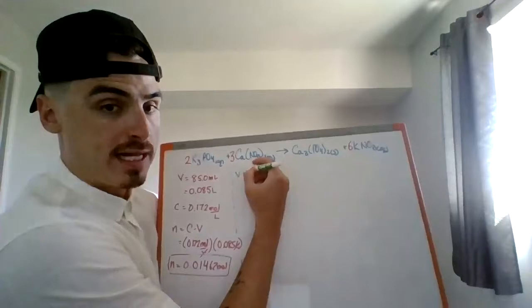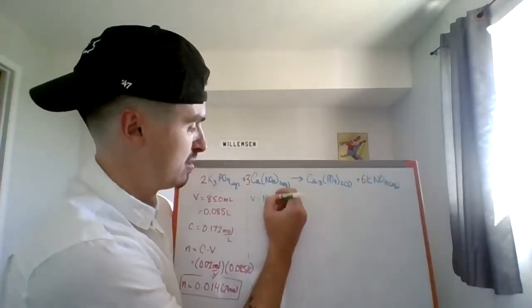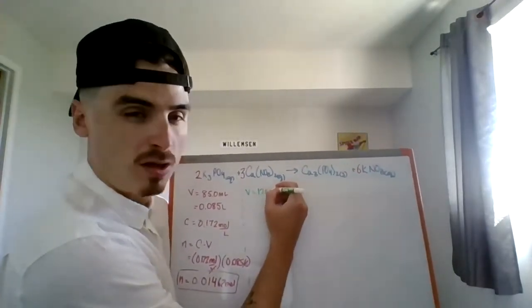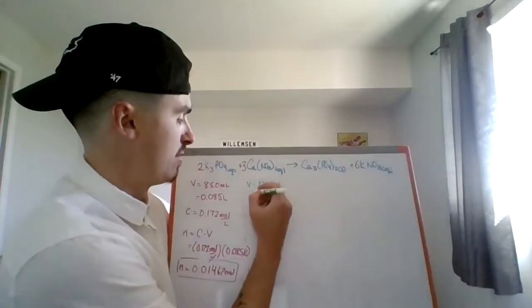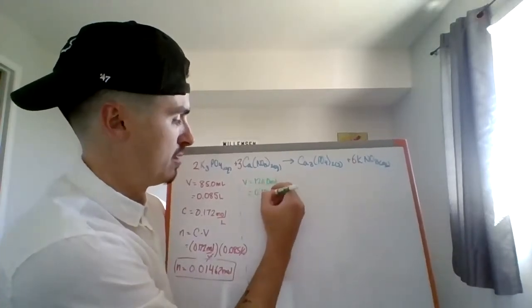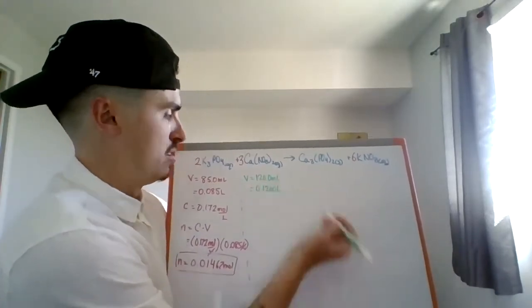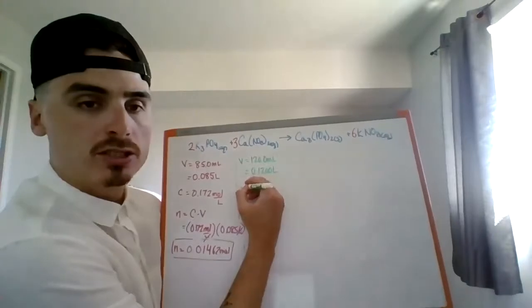Volume is 120, divide by 1,000 to get liters.